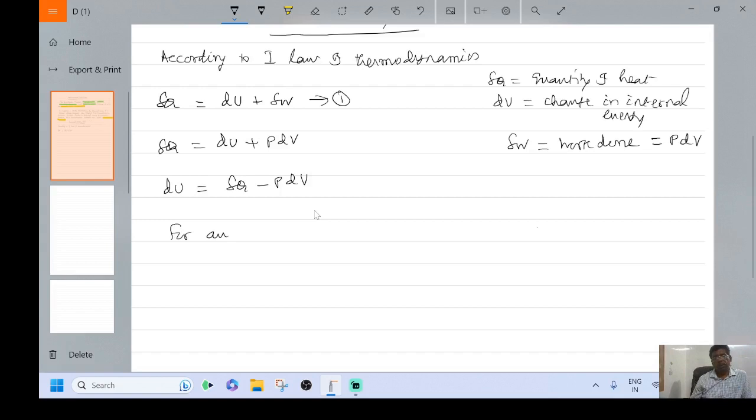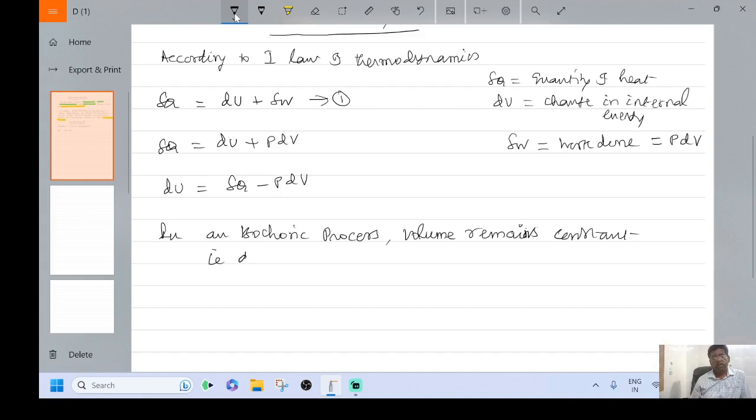For an isochoric process, volume remains constant.